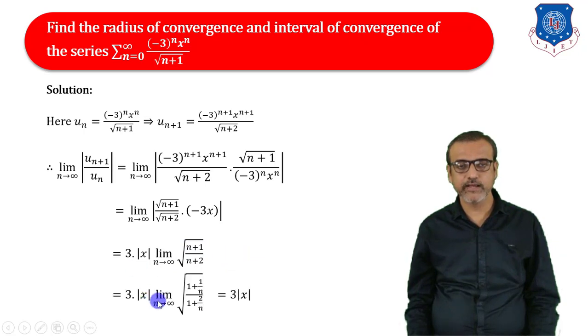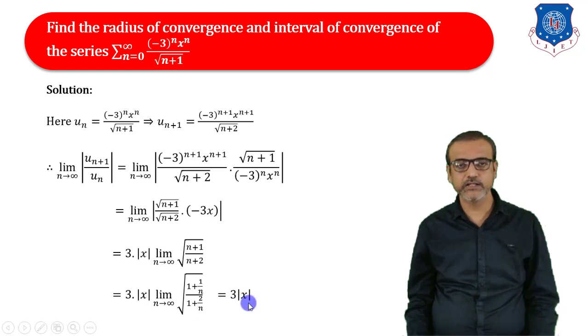Now 3 into mod x, limit n tends to infinity, taking n common from the numerator and denominator, it will cancel out, and we have 1 plus 1 over n upon 1 plus 2 over n. Now as n tends to infinity, 1 upon n and 2 upon n tend to 0. So this result is going to be 1, and if we multiply 1 by 3 into mod x, the result is 3 into mod x.